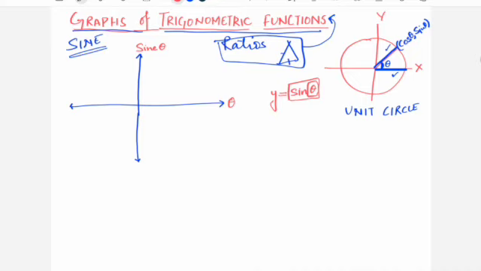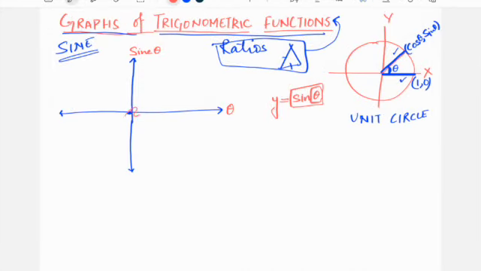Using the unit circle, we know when theta is 0, sine is 0 as well, because the y coordinate is 0 there. So that is our first point. Then let's do the main ones first.